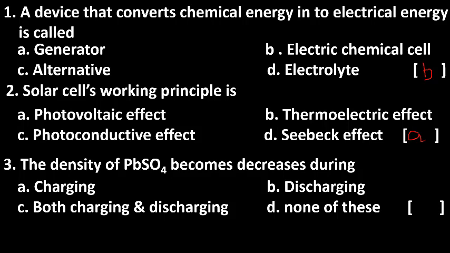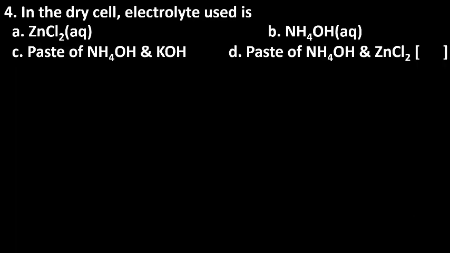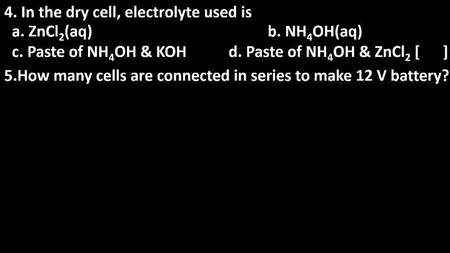So the correct option is B. In the dry cell, electrolyte used is A. zinc chloride, B. NH4OH, C. paste of NH4OH and KOH, D. paste of NH4OH and zinc chloride. The correct option is paste of NH4OH and zinc chloride.